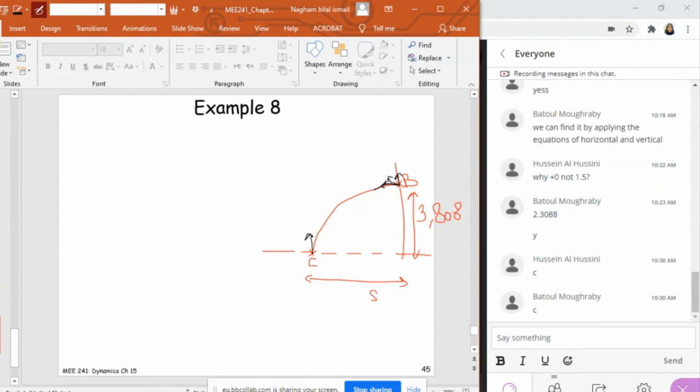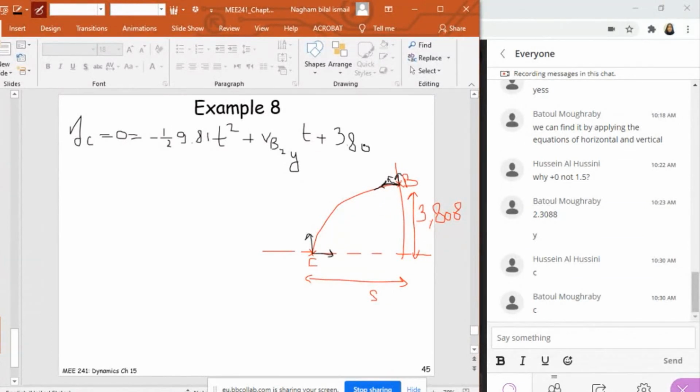At C, okay, so that you can have a positive y for B. All right. So at C, y of C is equal to 0. And at the same time, y of C is equal to minus half 9.81 t squared plus v0y of B, which is in fact VB2Y after collision, t plus y0, which is here 3.808.